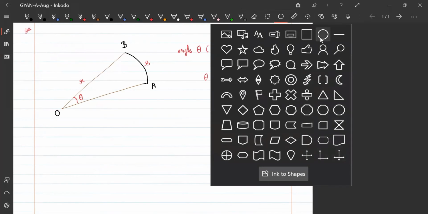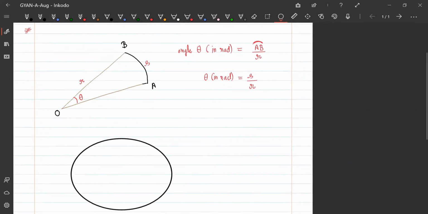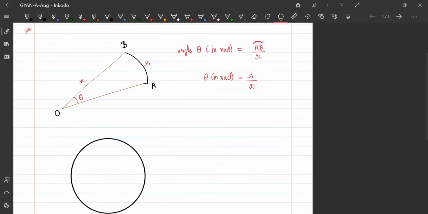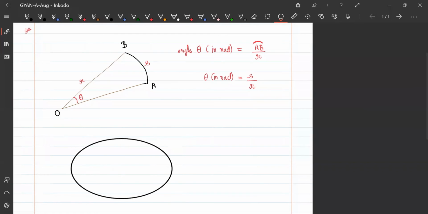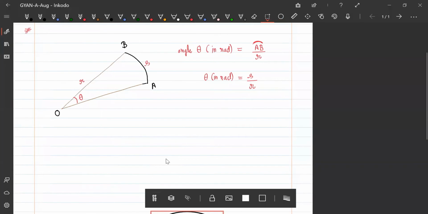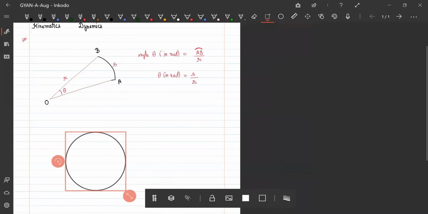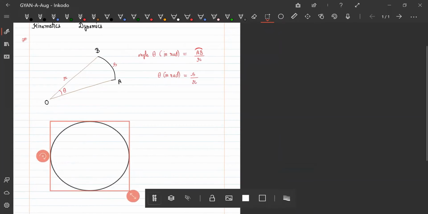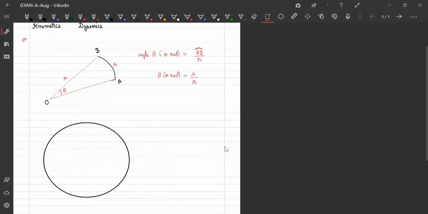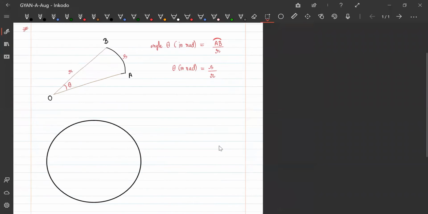So circular motion study करने के लिए, of course, we need a circle. So you'll find a lot of similarity between this and motion in 2 dimensions or motion in 1 dimension.